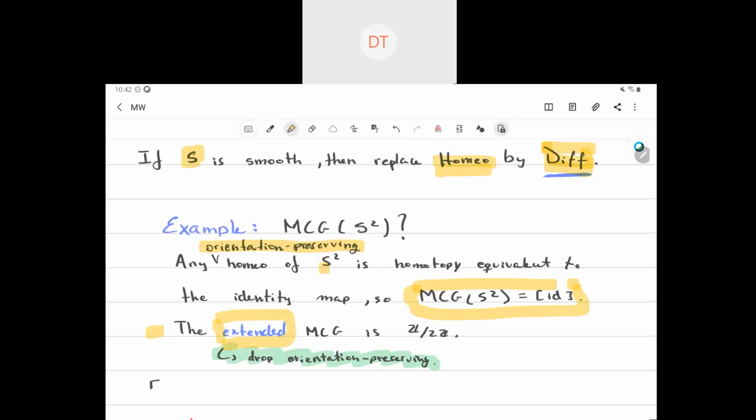In this case, we get either the homeomorphism that's the identity or the one that switches the orientation of S, so we get two things. We're basically getting a Z mod 2Z for this extended mapping class group. But this is just a comment. We really don't need that for today.